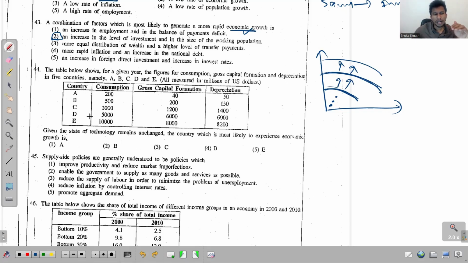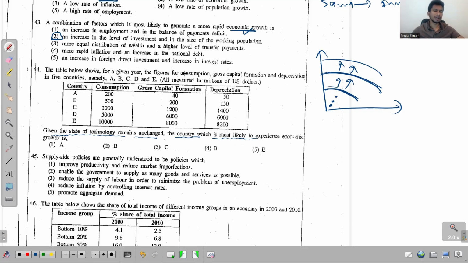So we have the 5 countries, the consumption level, the gross capital formation, the depreciation. And then they ask us to recognize, given the level of technology remains unchanged, the country which is most likely to experience economic growth.